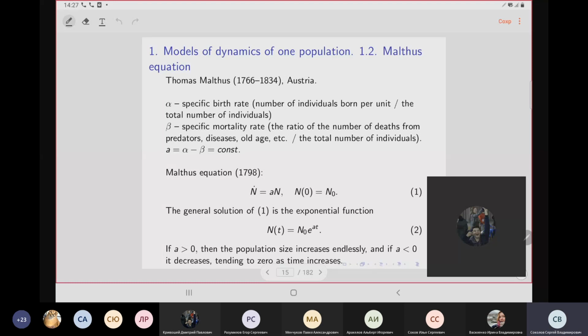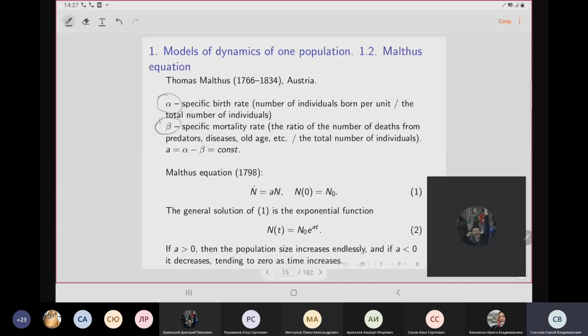So what is the idea of Malthus? Let us consider some specific birth rate. So it is the number of individuals who were born per 1 unit. So we divide the number of individuals that were born by the total number. And the same for the specific mortality.